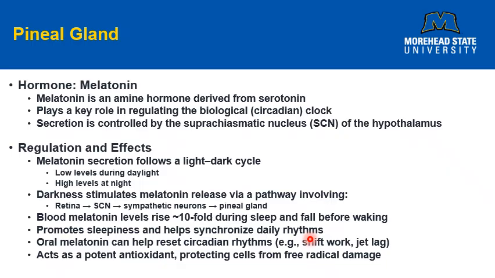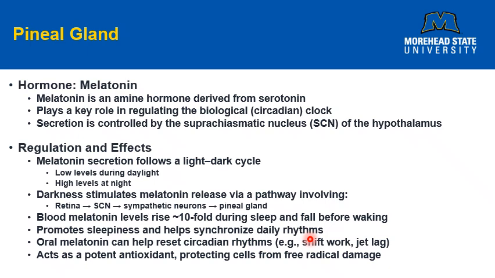And like I said, it's a key player in our circadian rhythm, or as you've probably heard it, biological clock. It's controlled by the hypothalamus, specifically the suprachiasmatic nucleus. So its secretion follows a light-dark cycle. That's just another terminology for circadian clock, basically, when we're asleep and when we're awake.